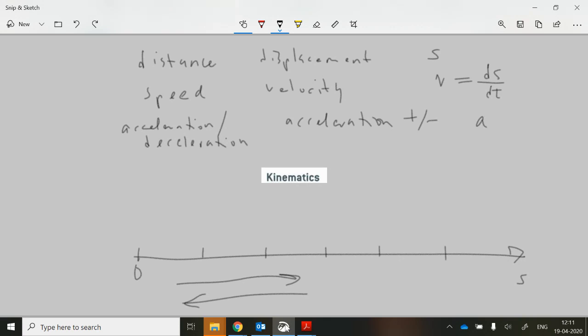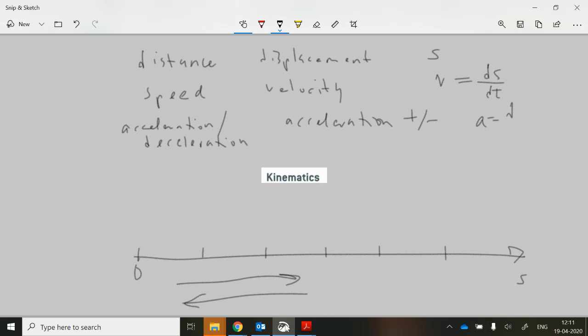Okay, and your acceleration, now the layman's use of this term is still the same as what we would use here, acceleration or deceleration. In general, though, for us, we're going to call this just acceleration, whether it's positive or negative. And that's going to be represented by a, and a is equal to the change in velocity with respect to time.